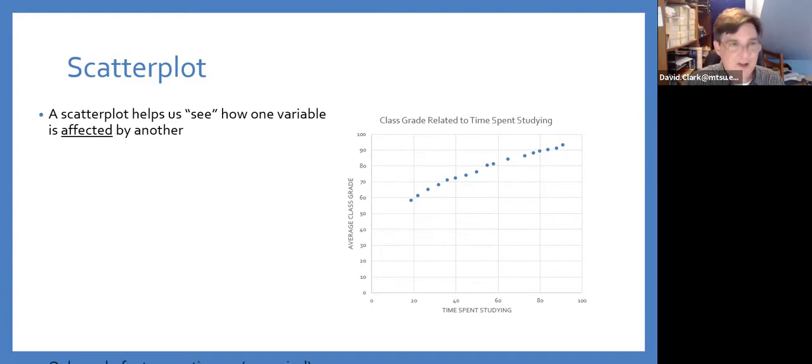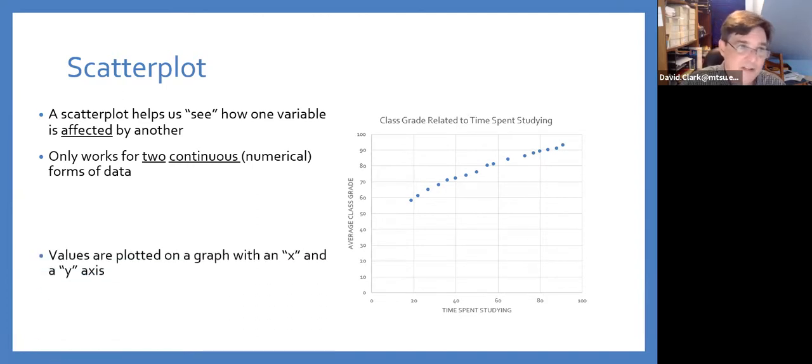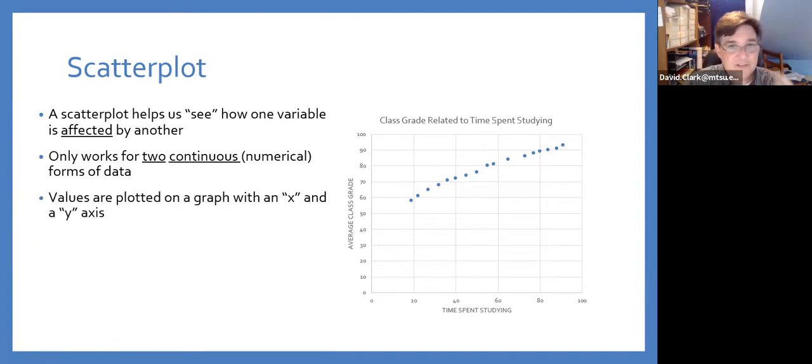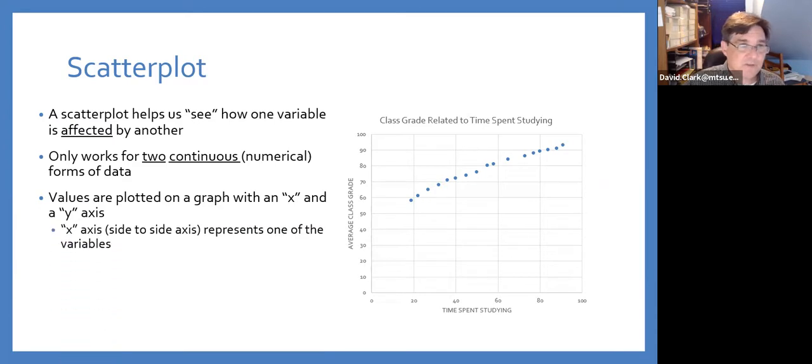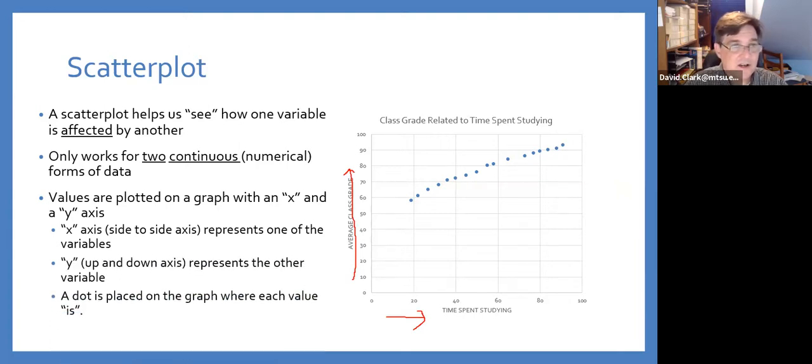And we use a scatter plot for two continuous, numerical forms of data, and then we plot that on an x-axis and a y-axis. The x represents one set and the y represents another set of the variables. Then we put down all these dots, and it tells us where each value is.